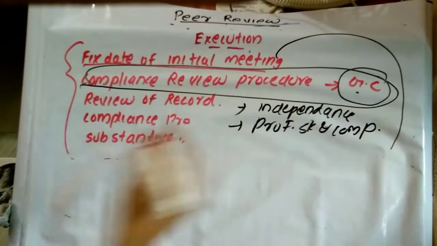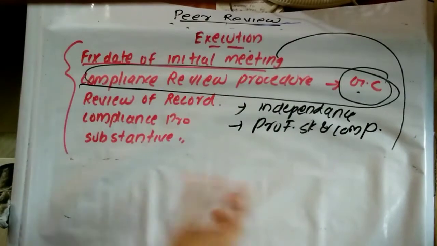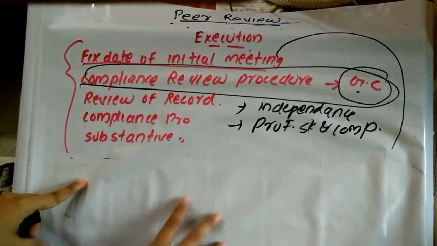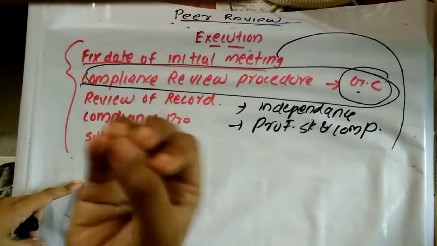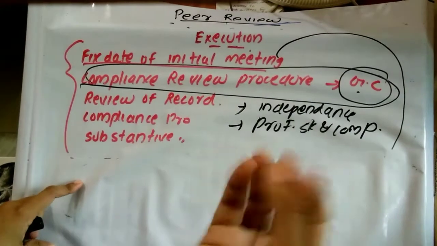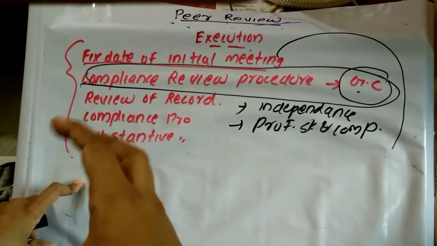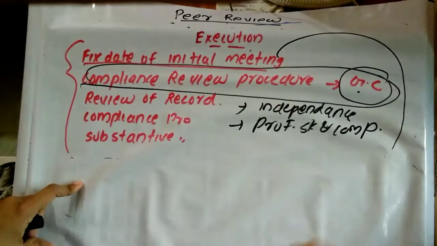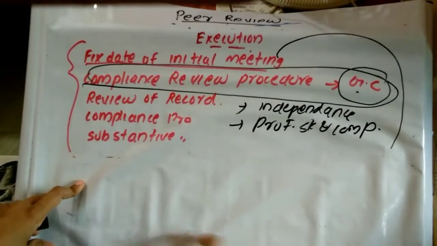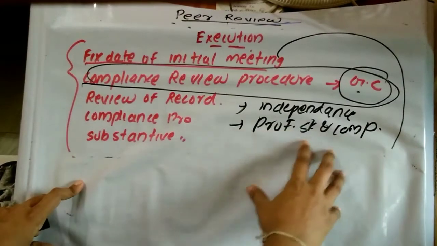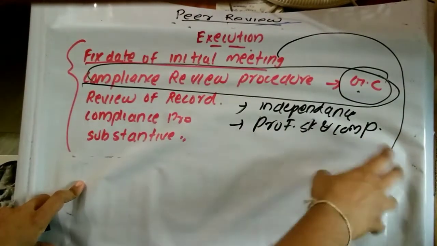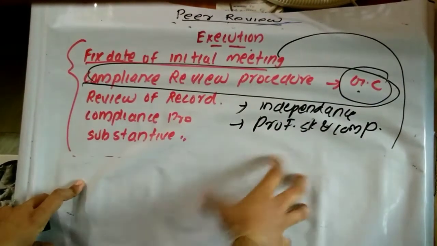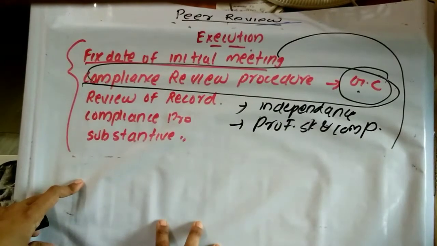We know that for the purpose of getting practice, for the purpose of being a member of the institute, we have to comply with some professional skills and competence which can be acquired by attending the training programs and other programs organized by our council. So it is required to determine whether they are exercising their professional skills and competence for the purpose of ensuring the quality of assurance services.